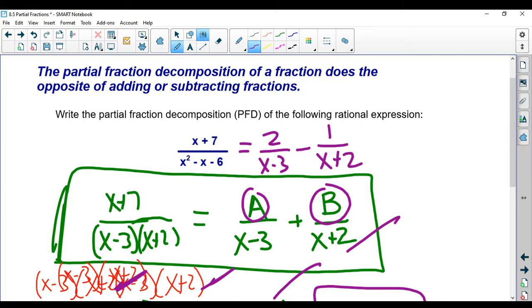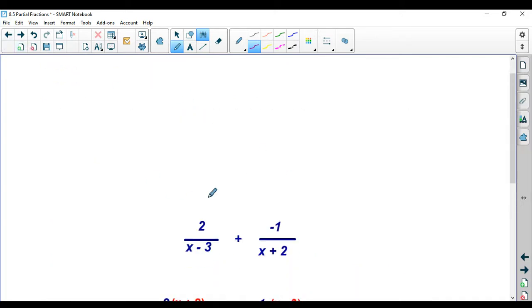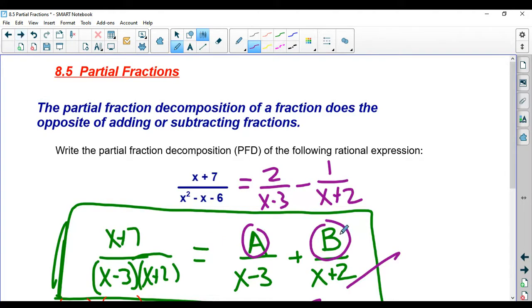So that's how that decomposes. If you look back to the problem we did right before this, we added these two fractions together, which is what we got for the decomposition. So what we just did basically was took this fraction and split it and did the reverse of that.